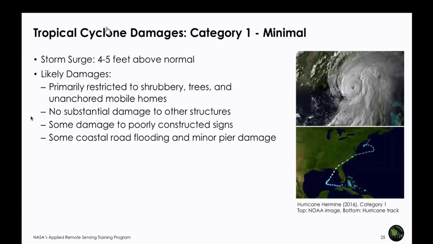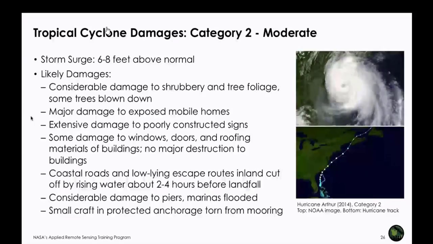If there are unanchored assets, they can fly off. But there are not really a lot of substantial damages to structures unless it is a poorly constructed building, then it gets damaged. But mostly coastal road flooding and minor damages can be expected from Category 1.